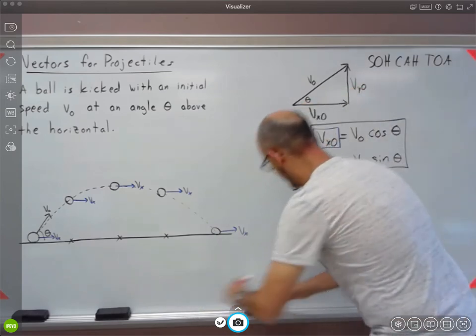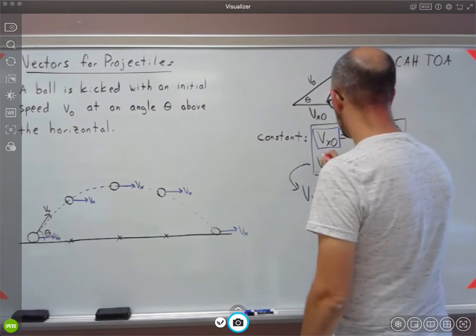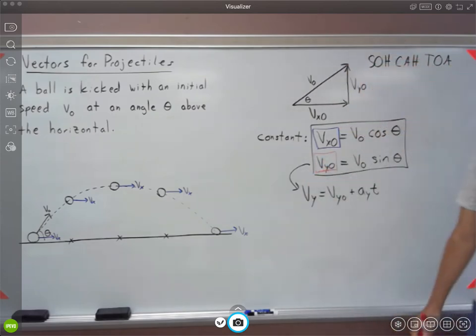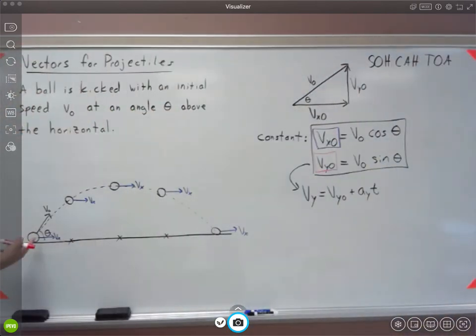Hopefully the red marker shows up okay. We're going to track vertical velocity with the red marker. It starts with some value. When you kick this ball at an angle, it moves horizontally and it starts to move vertically also. So we will have Vy, the initial velocity, be a large arrow pointing up.